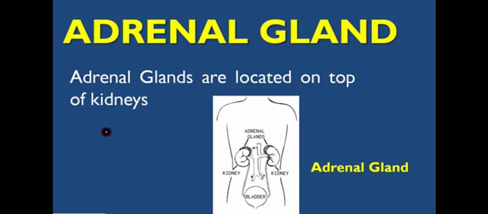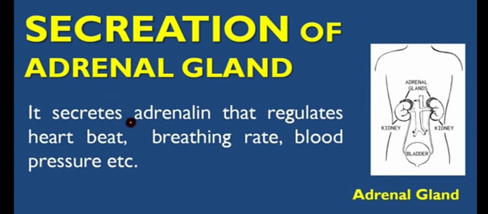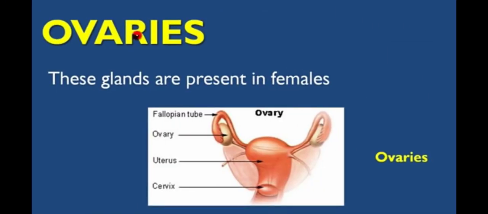Then we'll study about adrenal gland. Adrenal glands are located on top of kidneys. They secrete hormone adrenaline. This adrenaline hormone regulates heartbeat, breathing rate, blood pressure, etc. Then comes the ovaries. Ovaries are glands which are present in females.